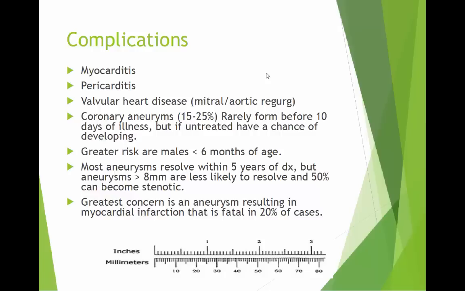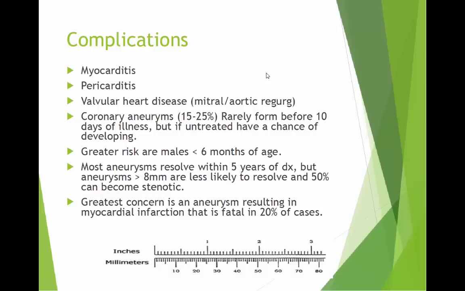An EKG and an echocardiogram must be done at diagnosis because abnormalities may not appear until later. These tests are repeated at 2 to 3 weeks, then at 6 to 8 weeks, and perhaps even more at 6 to 12 weeks after the onset. EKGs may show arrhythmias, decreased voltage, left ventricular hypertrophy.